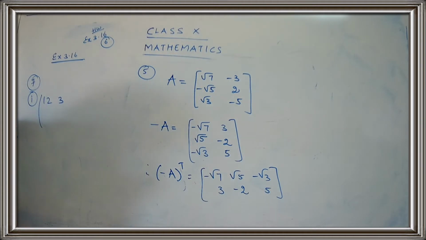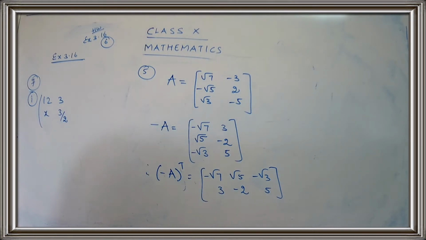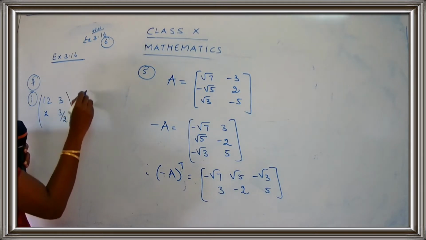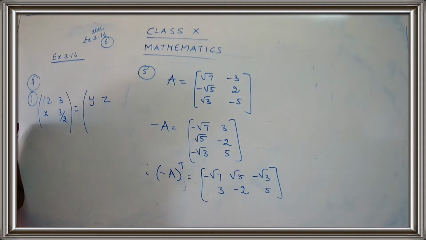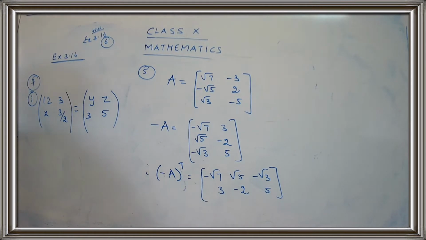The matrix 1, 2, 3, x, 3/2, y, z, 3, 5 equals 1, 2, 3, x, 3 by 2, y, z, 3, 5. Have you taken down the question, children?